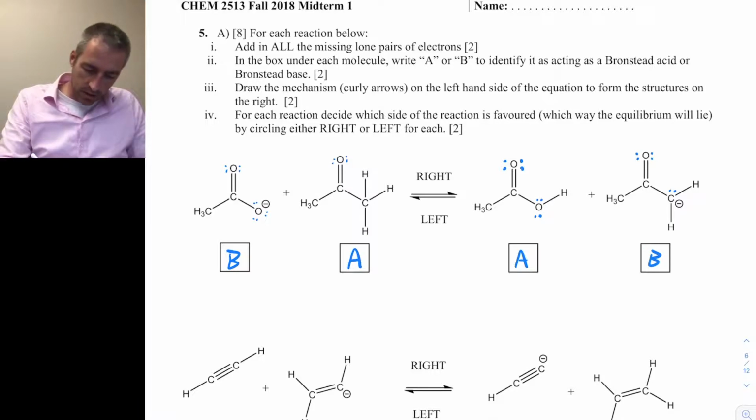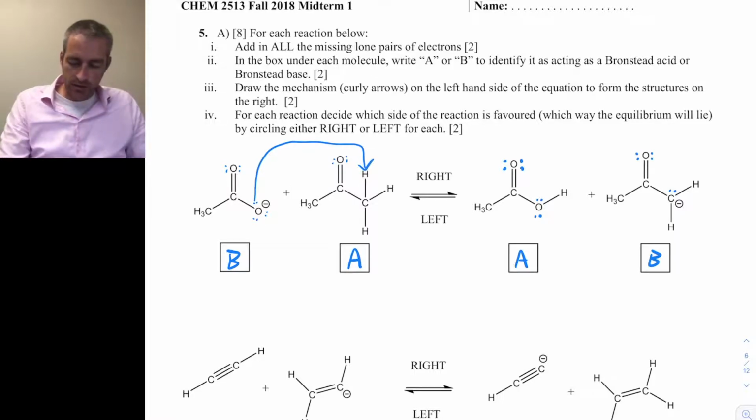So we need to start our arrow at an electron pair, and we're going to move that to the hydrogen that disappears. Well, it doesn't disappear, it just moves to the other atom. And the CH bond breaks, the pair of electrons go to the carbon, and you get a lone pair on the carbon.